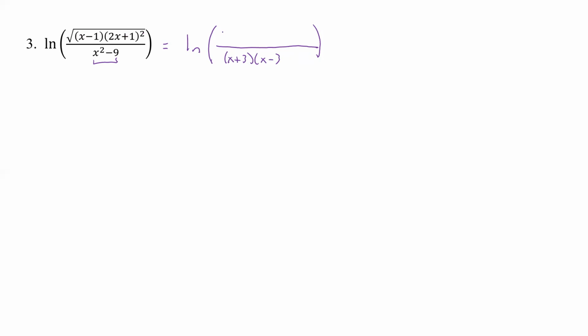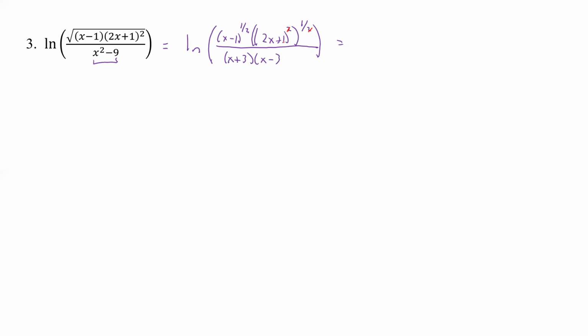And so that's going to be x minus 1. And if I write that as a power, that's to the 1/2. And that's times 2x plus 1 squared. And then that whole thing is to the 1/2. Well, 2 times 1/2, guess what? Those 2's cancel.